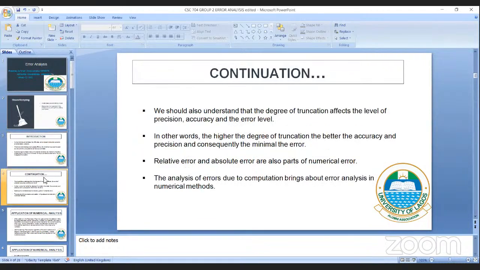Under this, we are also going to talk about errors, relative error and absolute error. We're also going to talk about the analysis of errors due to computation that arise in numerical methods.